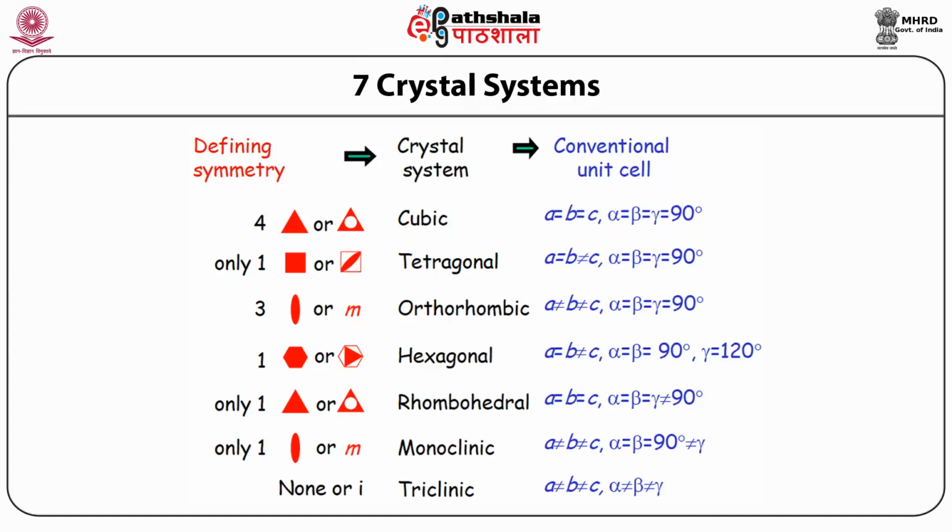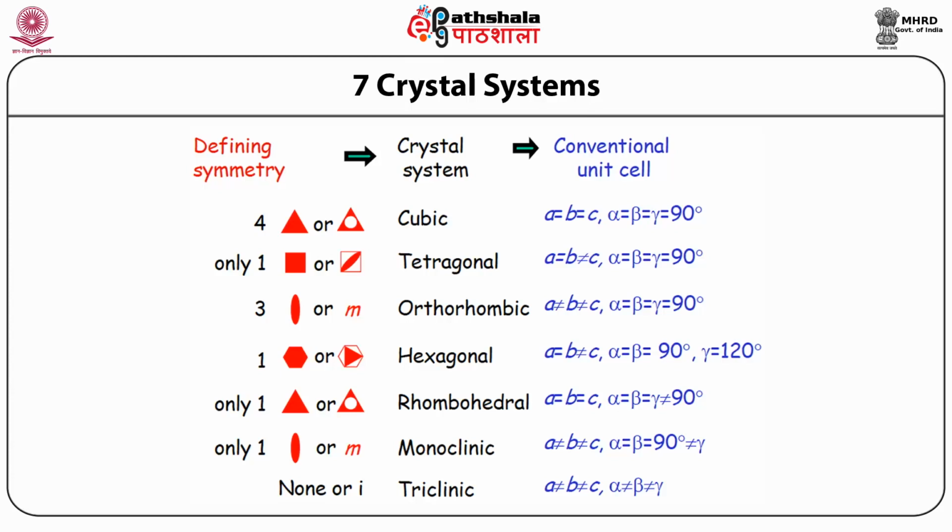Now we return to why non-primitive lattices are chosen in Bravais lattices. The reason is that a non-primitive cell such as the face-centered cubic cell has higher symmetry than the primitive cell built in it.